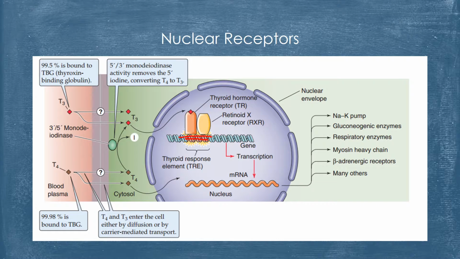There is a thyroid response element on the DNA which receives the thyroid hormone. And for the thyroid hormone to activate the thyroid receptors, it needs to form a dimer with the retinoid X receptor. So dimerization is an essential process for the activation of thyroid receptors.